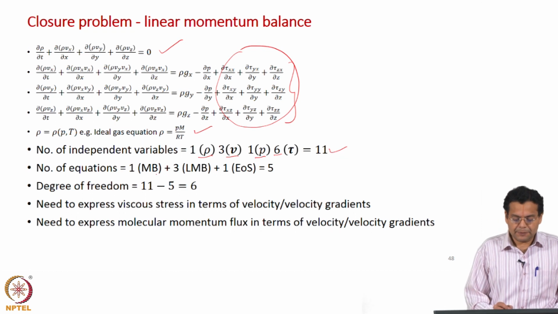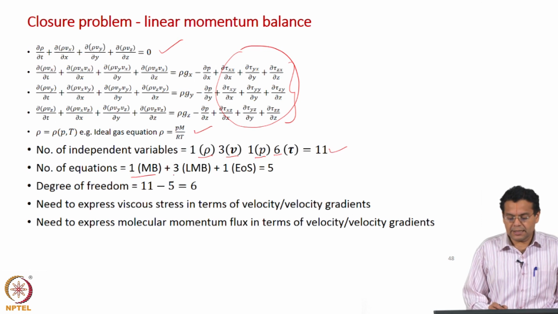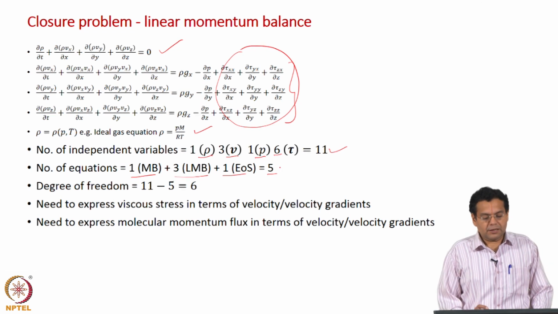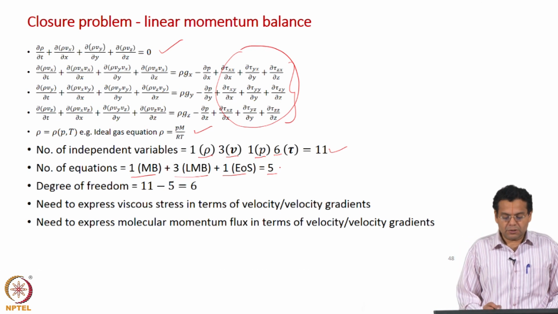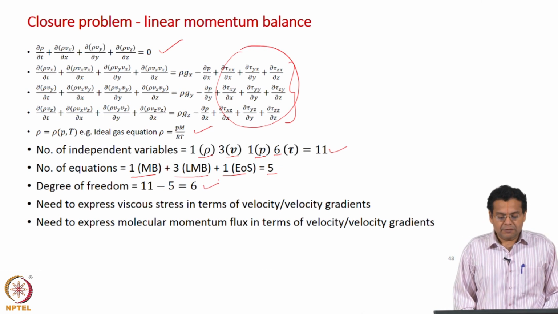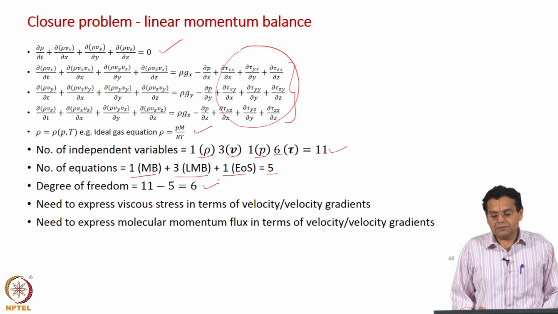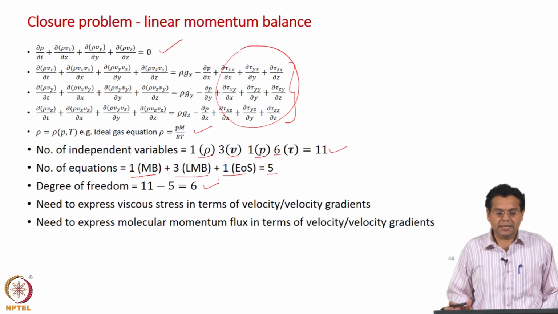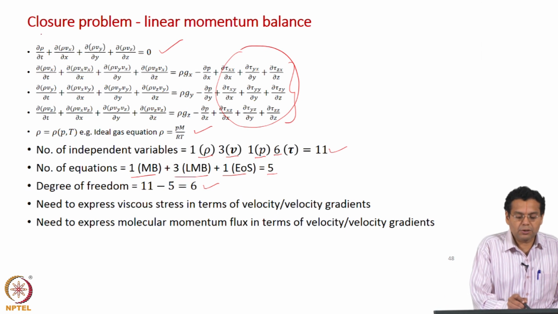Number of equations, 1 mass balance, 3 linear momentum balance, 1 equation of state, which was 5. So, when you subtract, you were left with 6 degrees of freedom, and we concluded that the components of the viscous stress tensor are unknowns, and to close the system of equations we need to express those components in terms of velocity, velocity gradients, and we call this a closure problem.